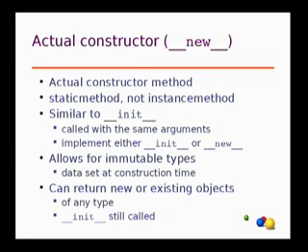Another new thing in Python 2.2 is the actual constructor. Before Python 2.2, there was just __init__, which is an initializer and not a constructor. It gets called after the object has been created, and it's your job to initialize it and set the right attributes and whatever, but the data is already there, the object's already there.